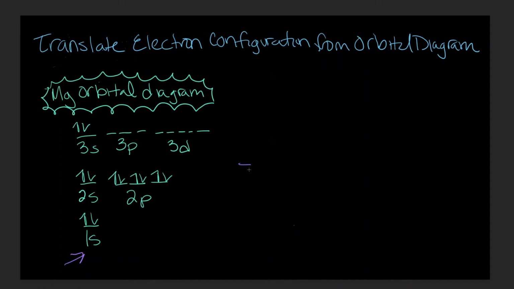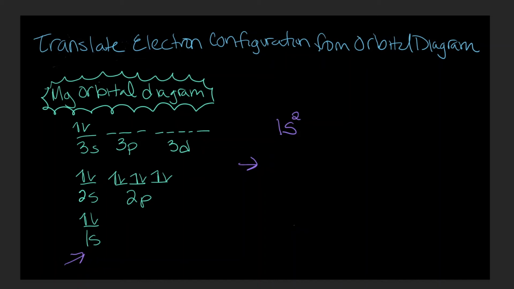So, starting at the beginning, we would first say that we have a 1s orbital, and in that orbital we have 2 electrons. Now those 2 electrons that we see depicted as arrows are going to be represented as superscripts next to that letter. So we would put the number 2 there.